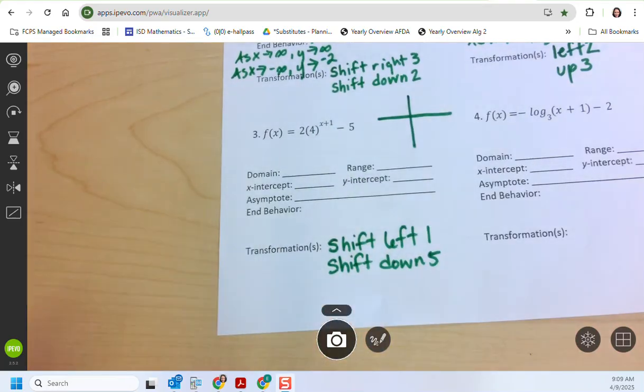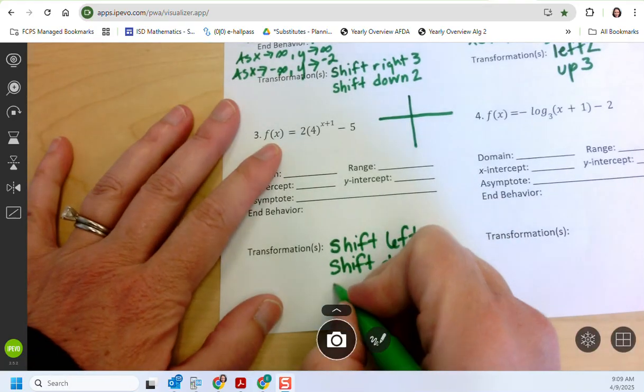The 4 is not a transformation. That is the base. But the 2 is a transformation. What does the 2 do? Drew says stretch it. Anybody agree? Yeah, good. Remember that number in front could be a vertical stretch, a vertical compression, or a reflection. But because it's a number bigger than 1, that's a stretch.